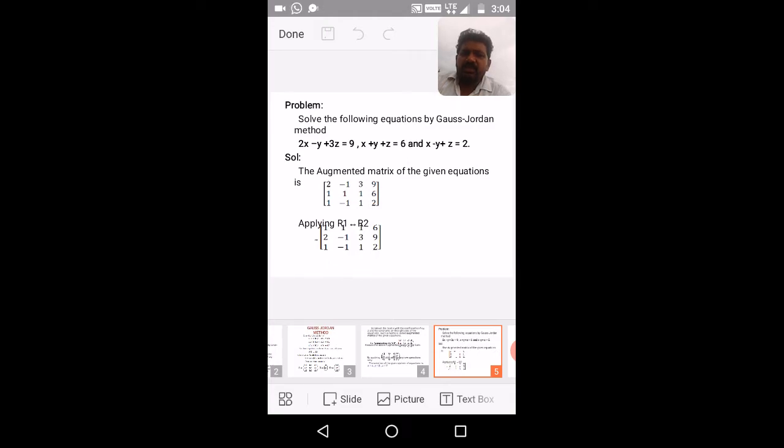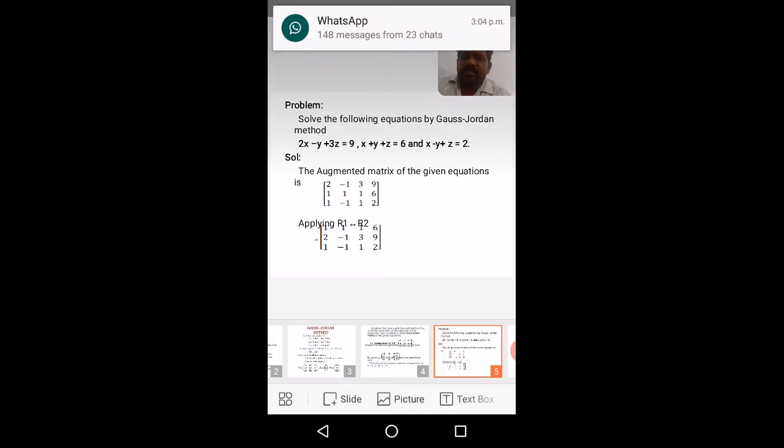That is the thing you have to observe first. So here we are not having that, we are having 2 as the first element of the first row. But the first element of the second row and of the third row is 1. So we can interchange R1 and R2 or R1 and R3, either.